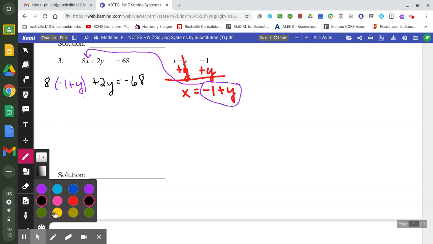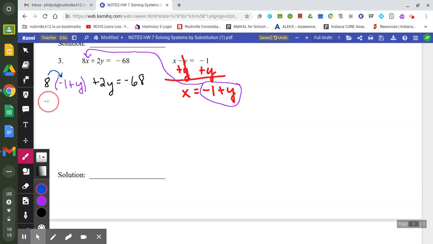So my next line, I have 8 times -1, -8. 8 times y, so plus 8y. And then plus 2y equals -68.